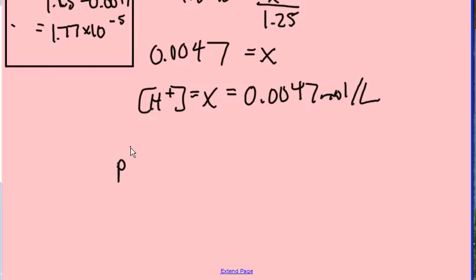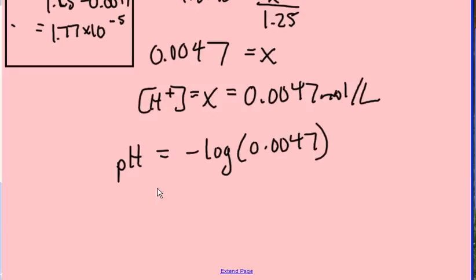So we finish off by finding the pH. The pH is minus log the concentration of H+, so 0.0047, and from that we'll have our pH, except I can't find the log button on my calculator, because that's what happens.